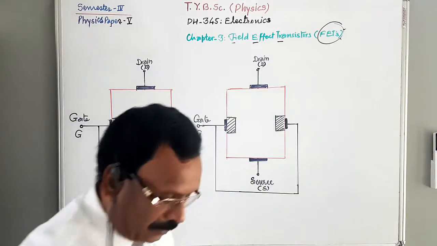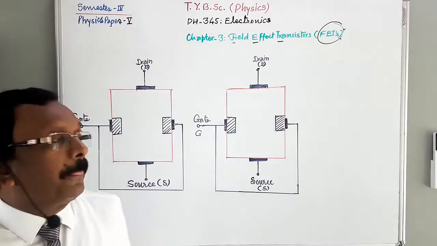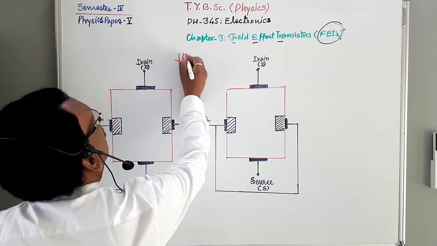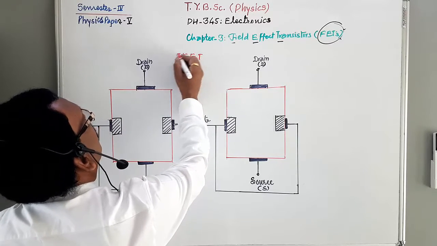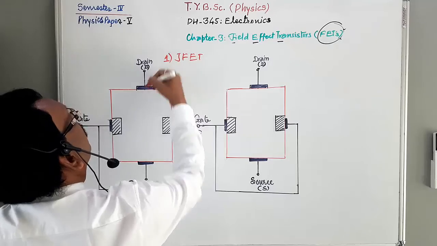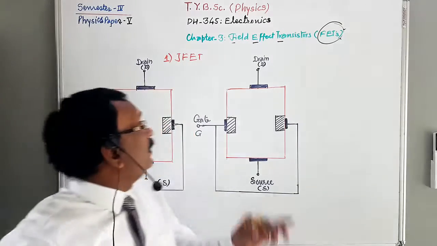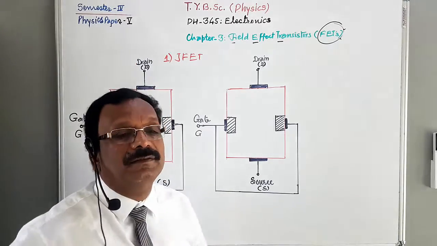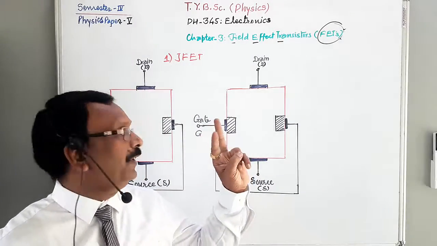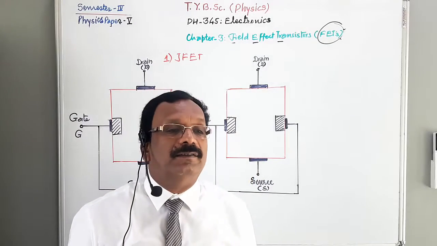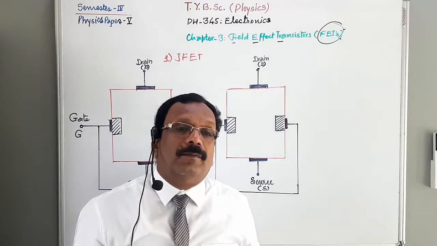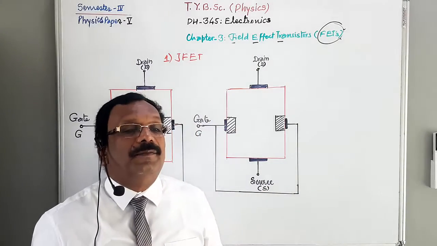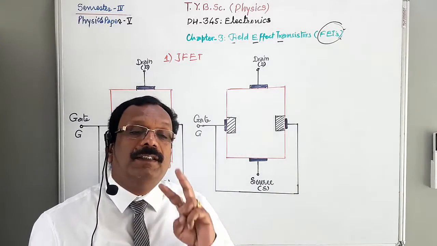First category, junction field effect transistor, that is JFET. There are two types of JFETs, N channel and P channel. Both types of JFET have three terminals.